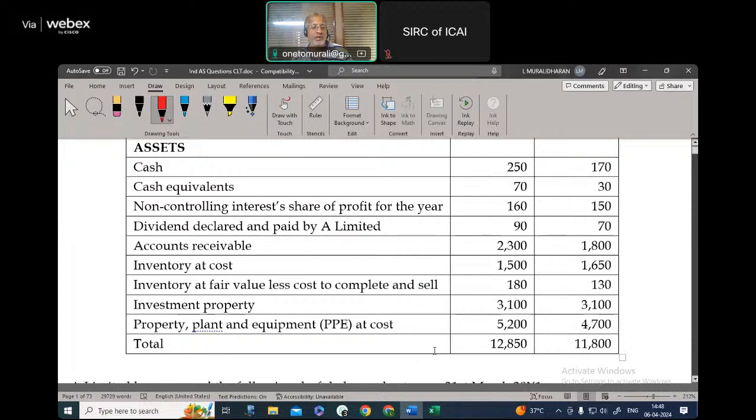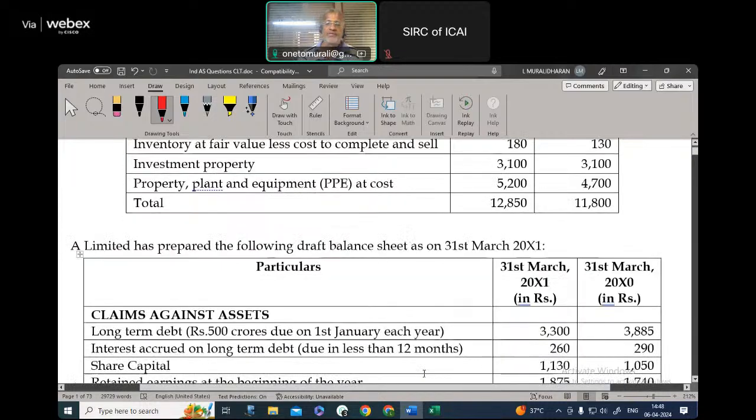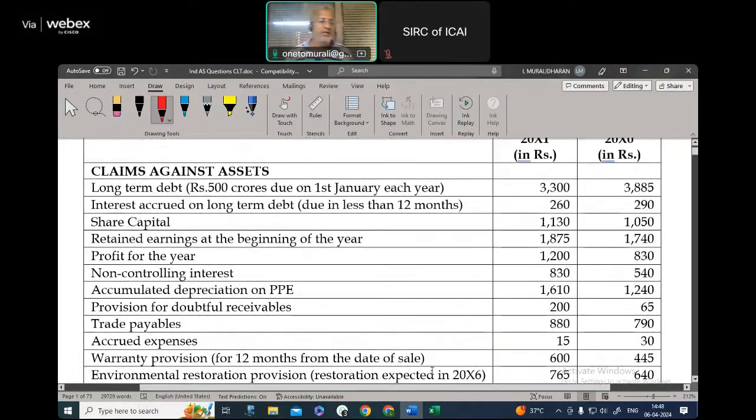Investment property 3,100. Property, plant and equipment at cost 5,200 and 4,700, total 12,850 and 11,800.